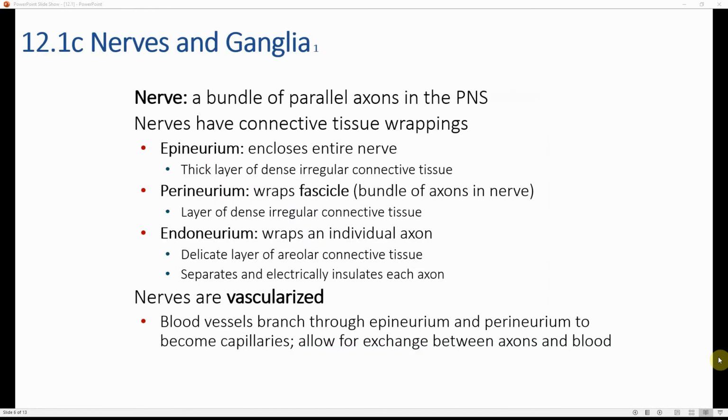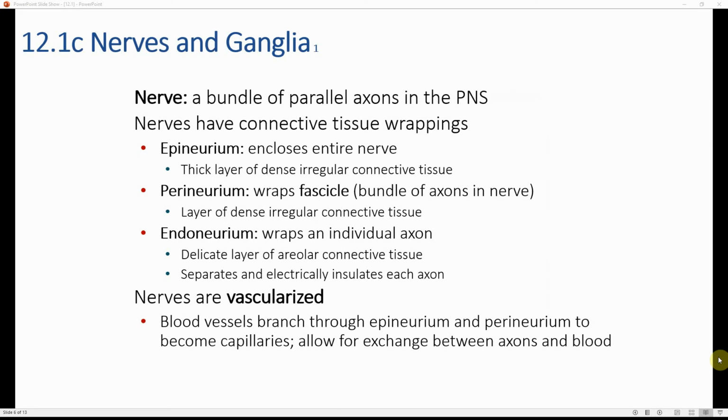A nerve is a bundle of axons that we find out in the peripheral nervous system. Nerves are wrapped up kind of like a cable. We've got the epineurium, which encloses the entire nerve. It's a thick layer of dense, irregular connective tissue. It's quite strong and resilient.